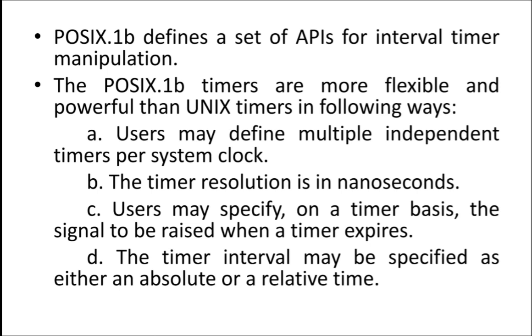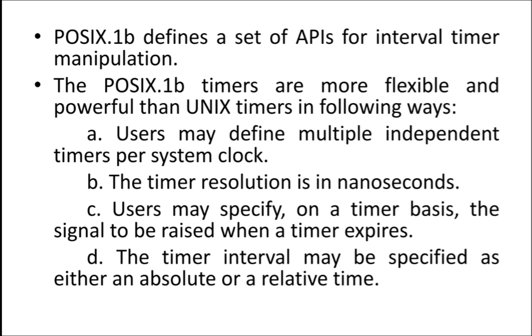So another advantage is that when a timer expires, a signal will be sent to the user telling the user that the timer expired. In simple words, a signal will be sent to the user when the timer expires, right?